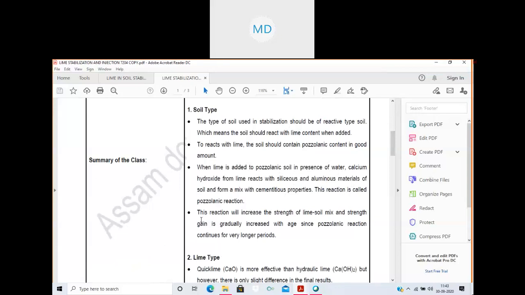This reaction will increase the strength of the lime soil mix, and strength gain gradually increases with age since the pozzolanic reaction continues for longer periods. With time it will keep on increasing the strength of the soil. Okay, but don't think that it will continue to infinite time.